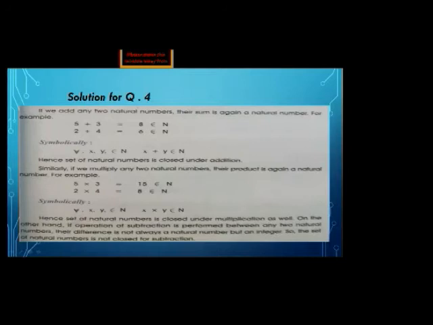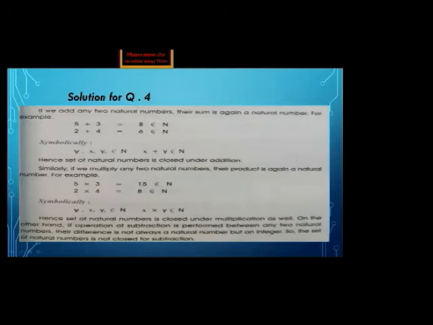On the other hand, if the operation of subtraction is performed between any two natural numbers, their difference is not always a natural number but an integer. So the set of natural numbers is not closed for subtraction.